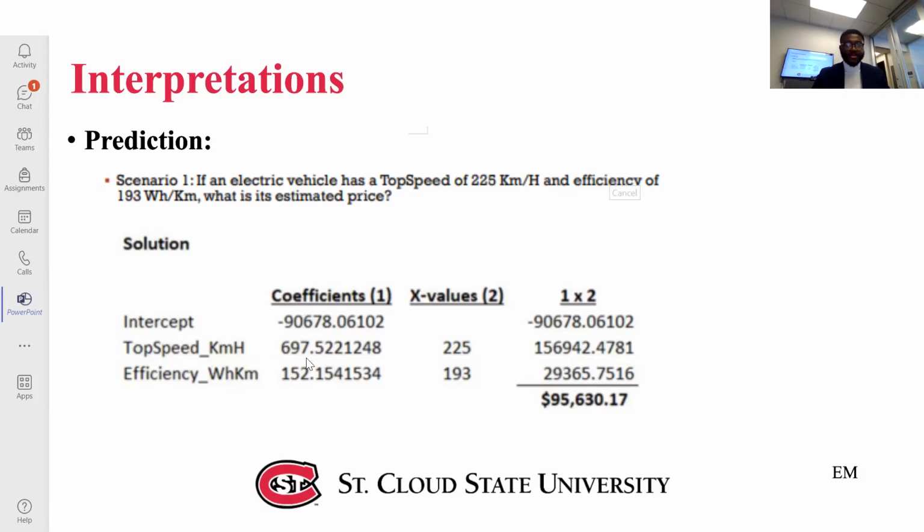The coefficient for top speed, 697.52, is multiplied by 225, and then we get this value. Then our efficiency coefficient, 152, is multiplied by 193 watt hours per kilometer. When we make those computations, we get a total of $95,630. So that's our estimated price when we input these variables into our regression equation.